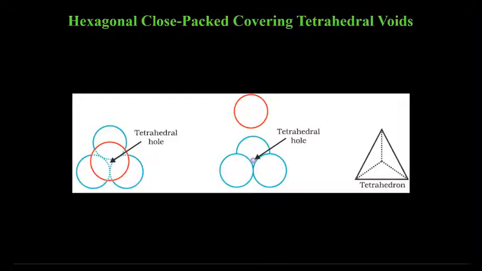Now, if you see it from this side, it will look like this, that this atom has been placed on top of it. If you place it here, what actually happens? It forms four faces. One face is formed here. The other face is formed by these two. Another face is formed by this, and another face by the topmost atom.